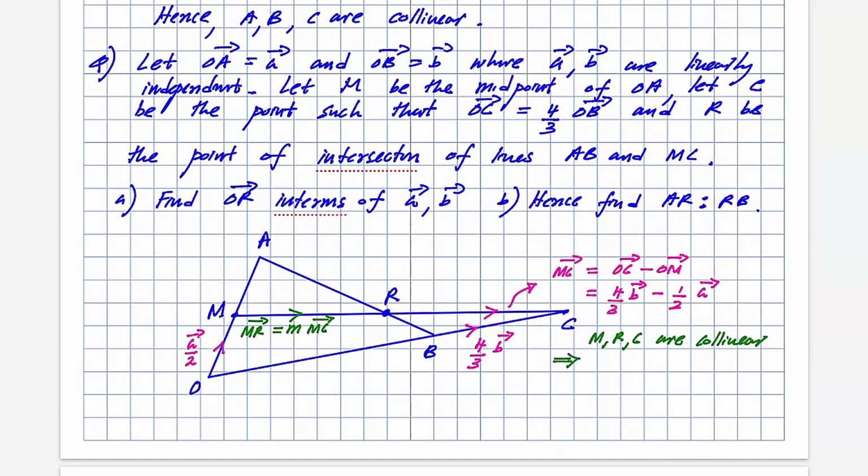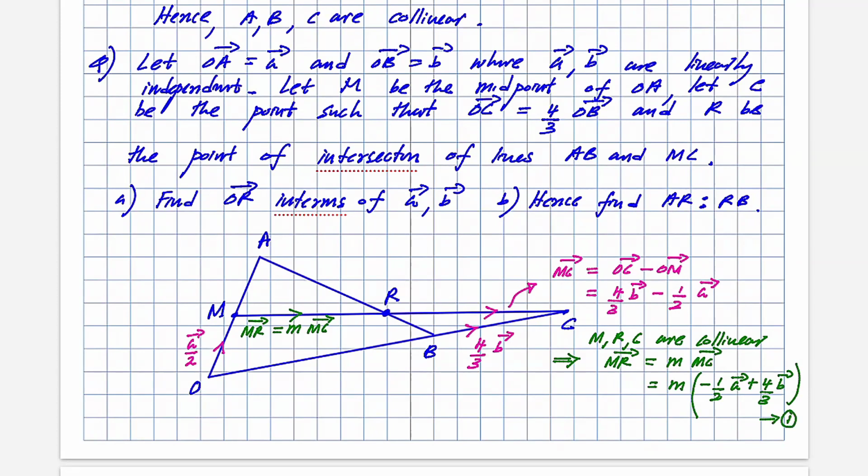Because of that, you can write MR as M times MC, right? So now MC we have here, that would be M times (minus half A plus 4 divided by 3 B), like this. So that is my first equation. I found MR now.